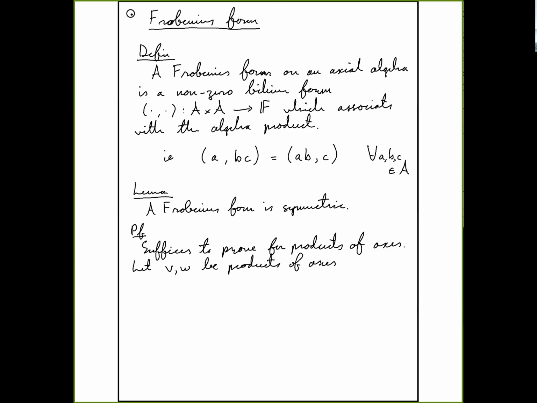Well, W is a product of axes, so let's just look at one of the brackets there, W1 times W2.